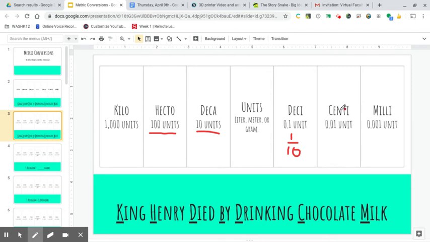And then a centi is 1/100th of a unit, so as a fraction I would write 1/100. And a milli is 1,000th of a unit, so as a fraction, 1/1000.